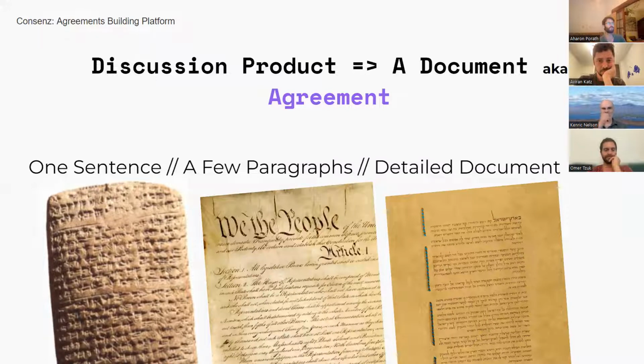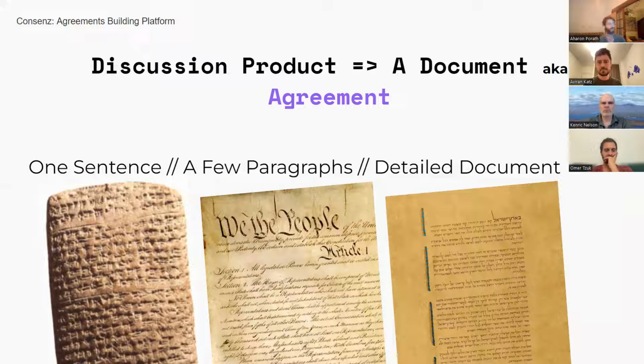So let's start with the product. We focused on a document. The document, as we see it, can be a product of a governance process that can hold a complex idea. It is not just an idea. It can take into account many aspects of the issues that we need to deal with. And we can see that societies gather around documents.